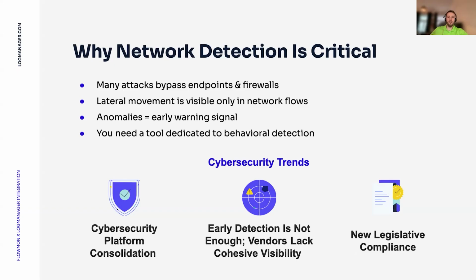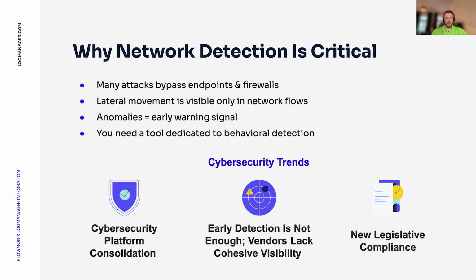Thanks, Arthur. So why is network detection critical? Well, for obvious reasons, if an attacker gains access into your corporate environment, let's say, and suddenly starts stealing some data, you probably want to be aware that something like this is happening and ideally see those early indicators of compromise that led to the final exfiltration or encryption of your data and be able to stop it.